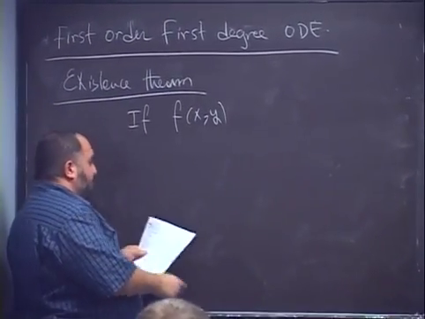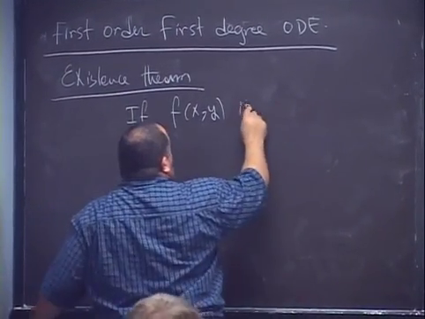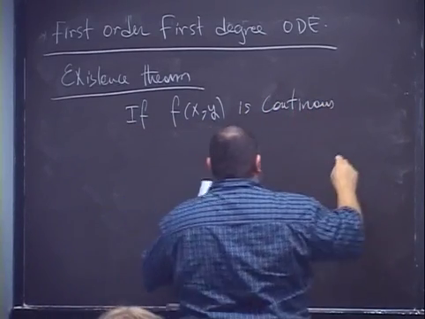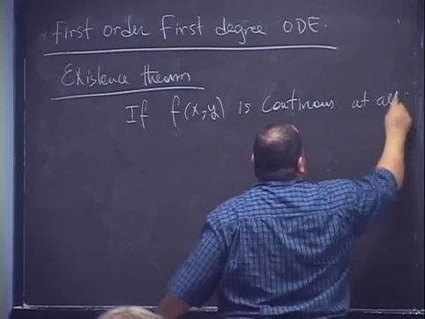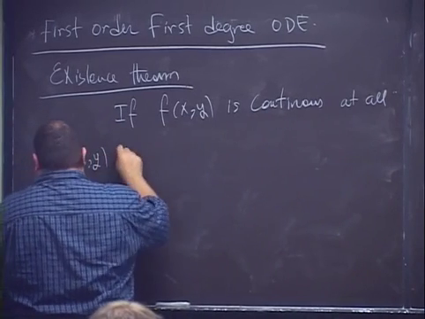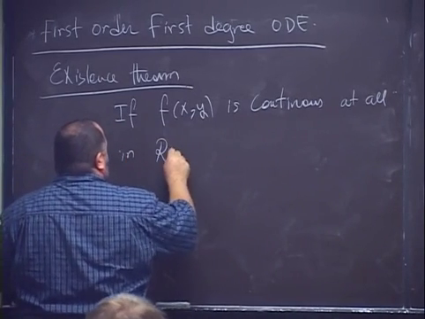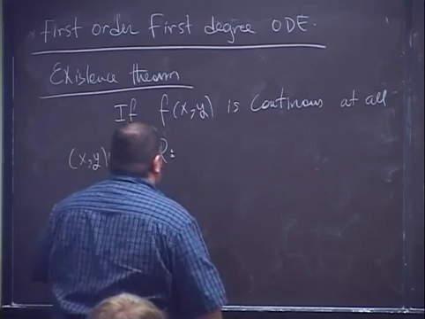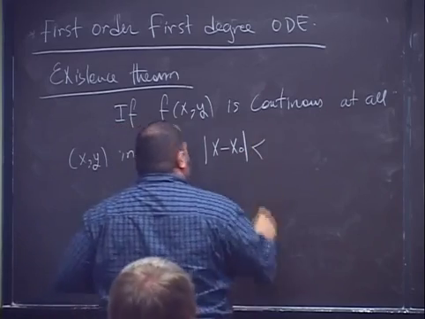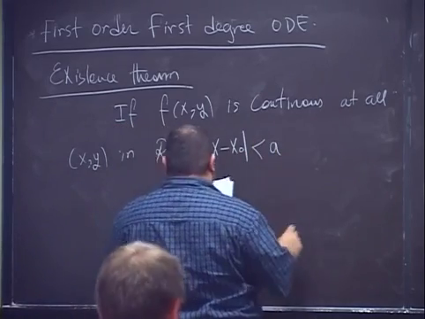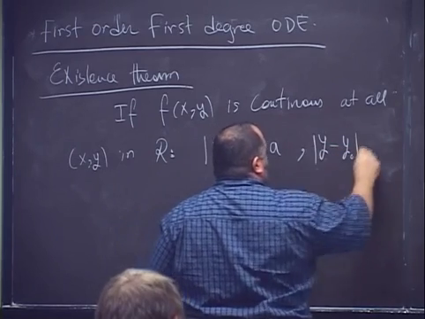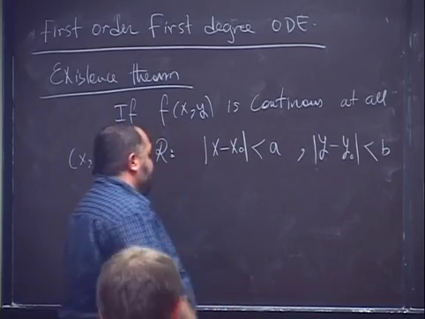If this function f(x, y) is continuous at all x and y in a domain R, and this domain is given by |x - x0| less than a, and |y - y0|, where y0 is the initial value for y, less than b.